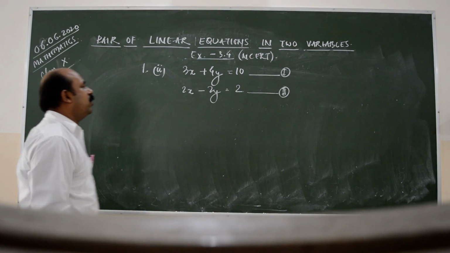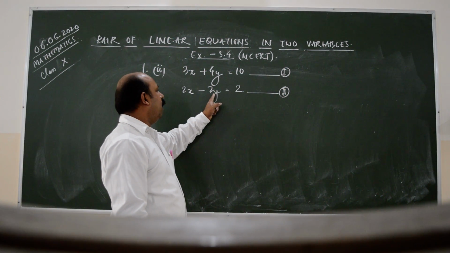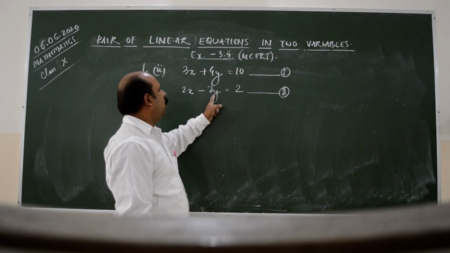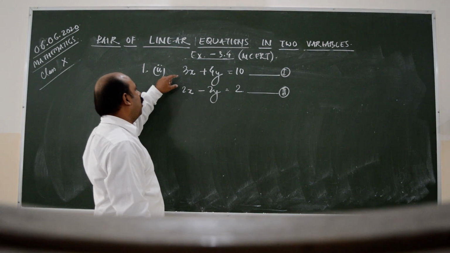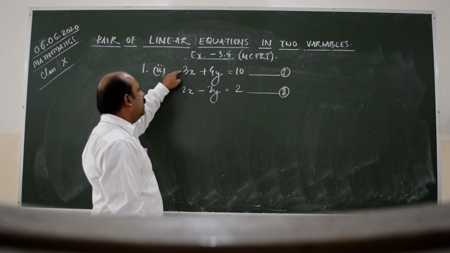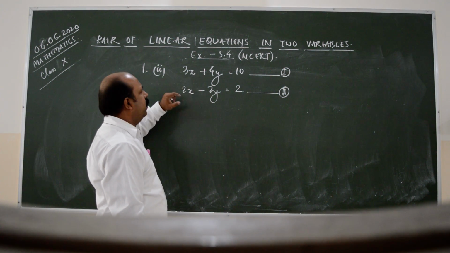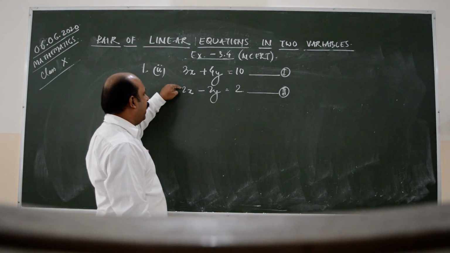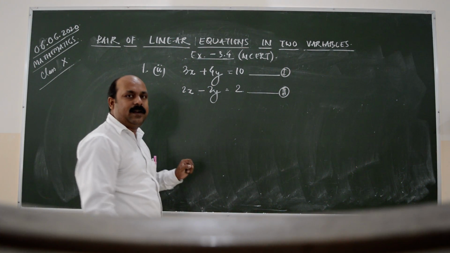In order to make the coefficients equal, we need to multiply minus 2y by 2 so that it becomes 4. In general, remember, in order to make the coefficients equal, we take the LCM of the coefficients. Like LCM of 3 and 2 is 6. So if you want to equate the coefficient of x, you will multiply the second equation by 3, the first equation by 2, and so on.